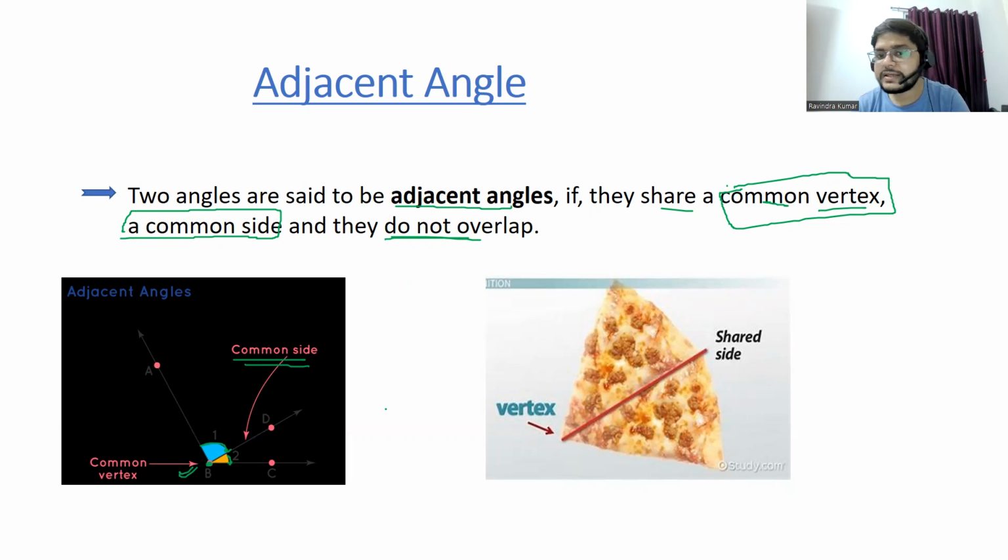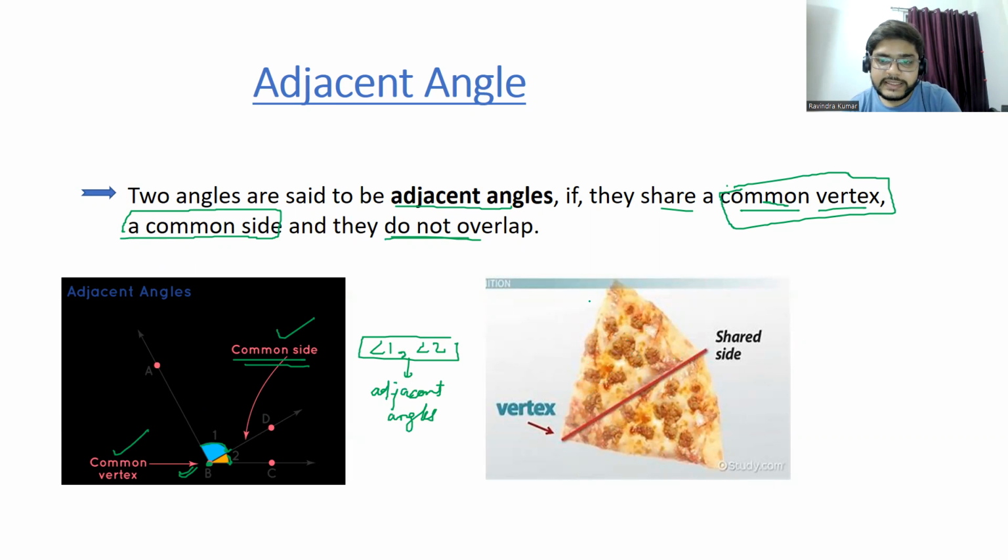So our condition is fulfilled here. One, we need a common vertex, so yes, it is there. We need a common side, so it is there. Here two angles are formed, angle 1 and angle 2. We can say they are adjacent angles, right? Now let's have a look at this picture.